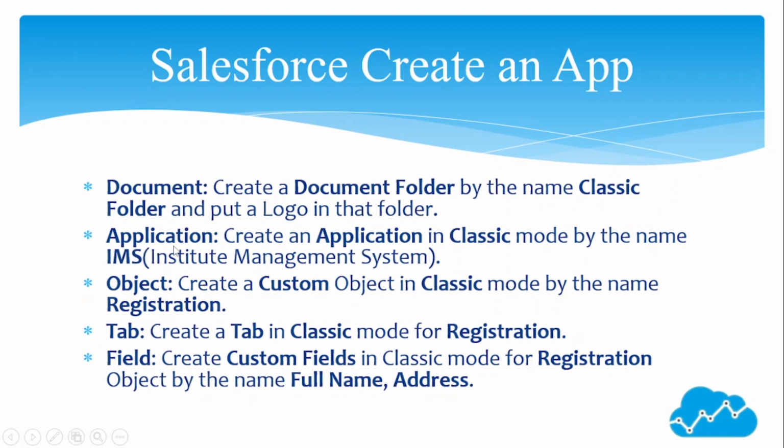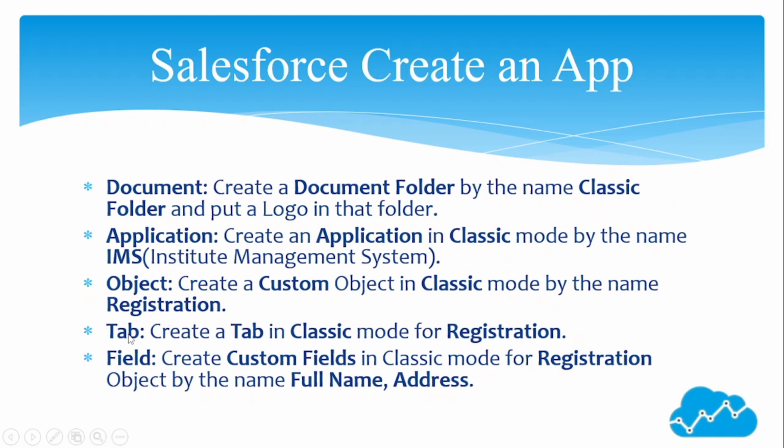Next, we have to create an application in classic mode by the name IMS, Institute Management System. Then we are going to see object: create a custom object in classic mode by the name registration.